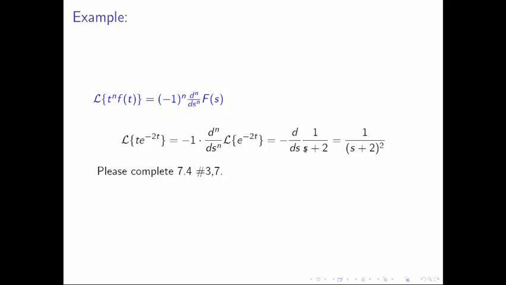The expression is the quantity s plus 2 to the negative first degree. When you take the derivative, that negative 1 cancels this negative 1, so that you have the quantity s plus 2 to the negative second degree, and that is what I have here on the right. You all will practice this for numbers 3 and 7 in 7.4.